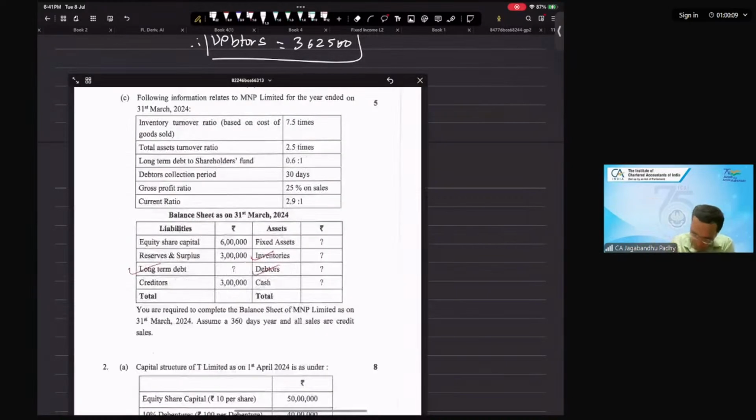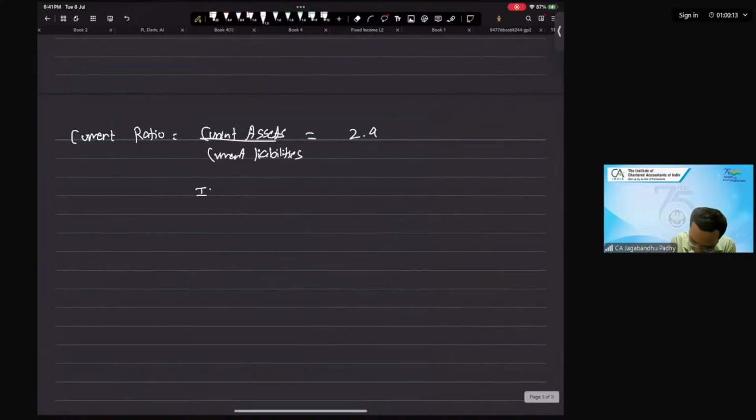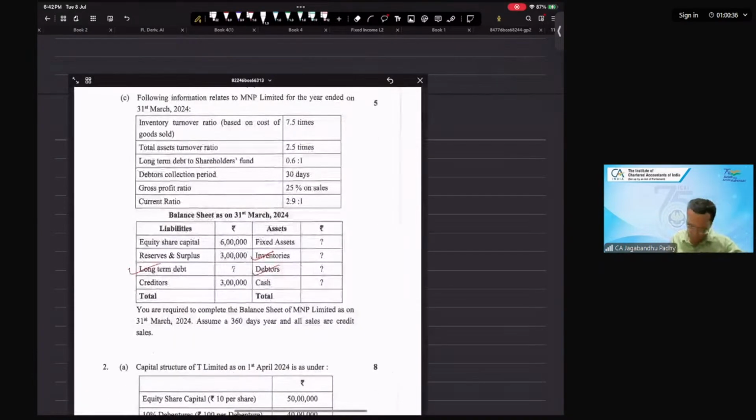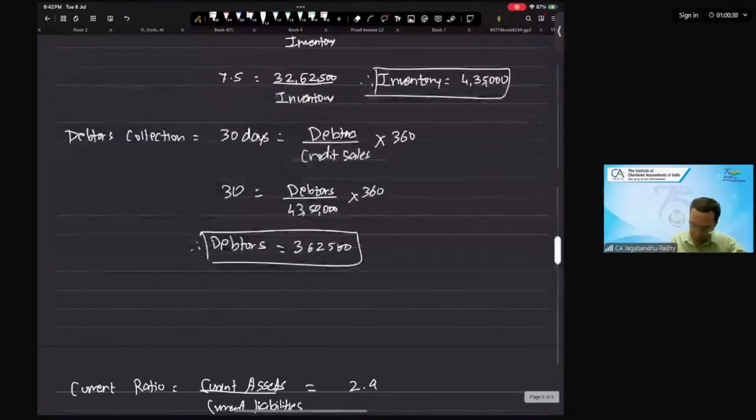So current assets will be inventory plus debtors plus cash, upon current liabilities, which in the given question is just one item, your creditors. That's equal to 2.9.